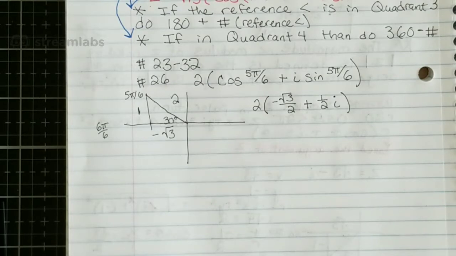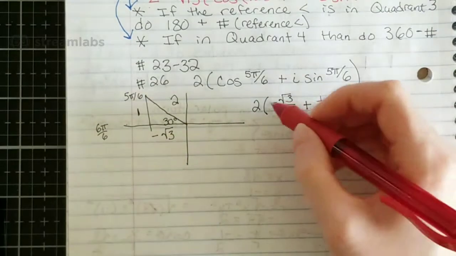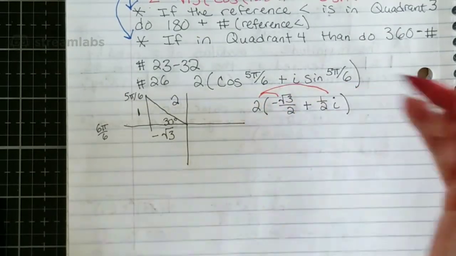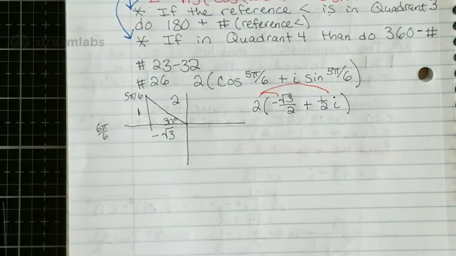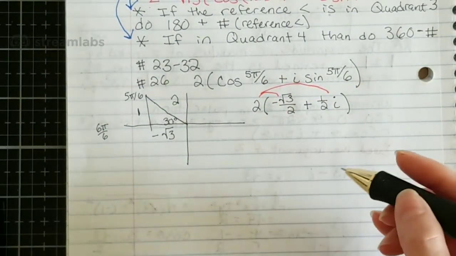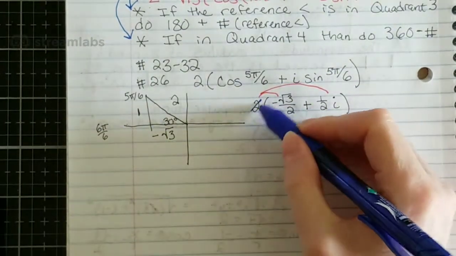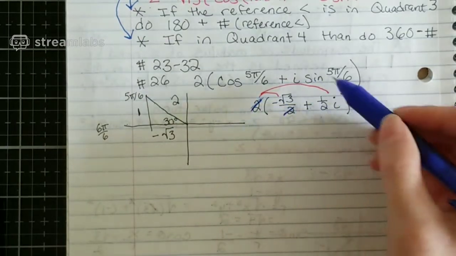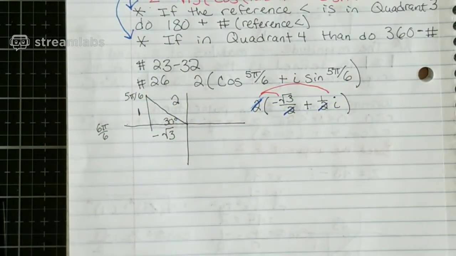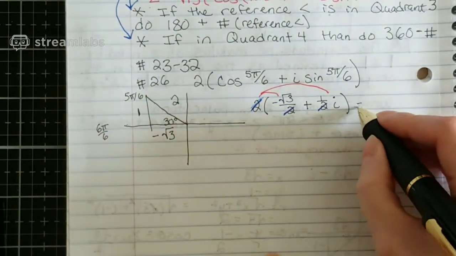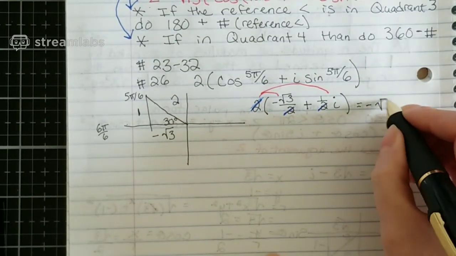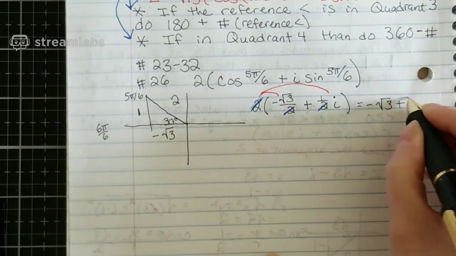Then you want to use the distributive property with your 2 on the outside. It basically knocks all those 2's out. So this 2 would cancel with that, and that 2 would cancel with that one. Our official answer here is negative square root 3 plus i.